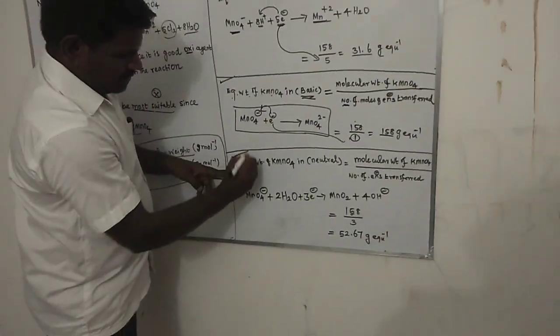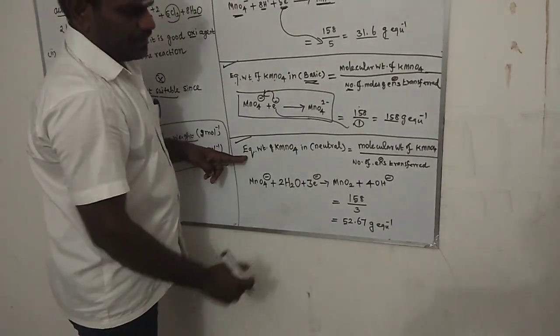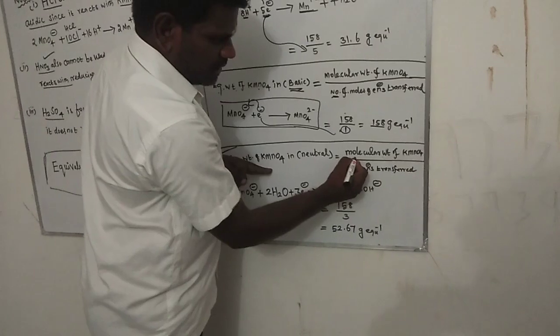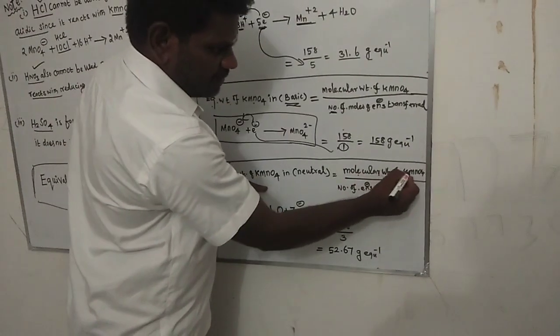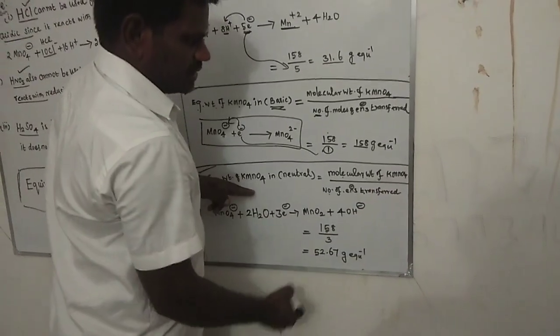Next one, the equivalent weight of potassium permanganate in neutral medium. Formula for equivalent weight: molecular weight of KMnO4 divided by number of moles of electrons transferred.